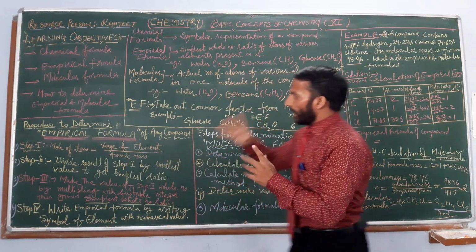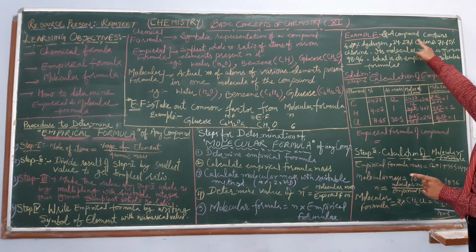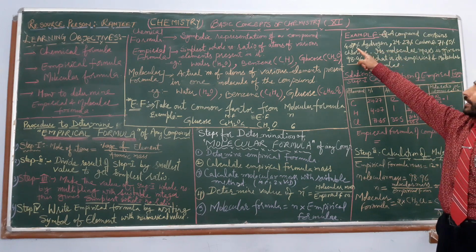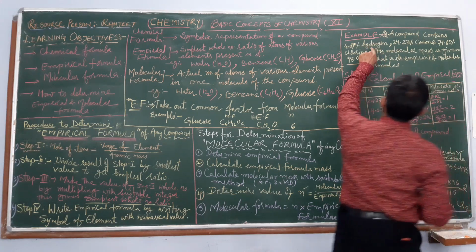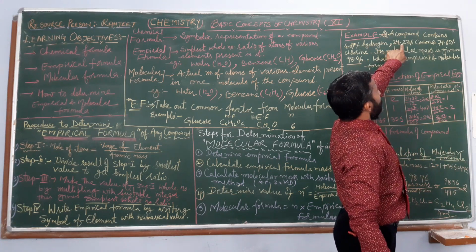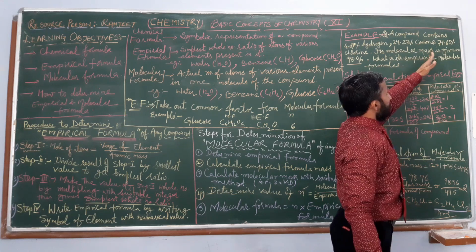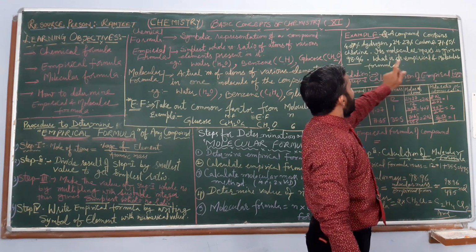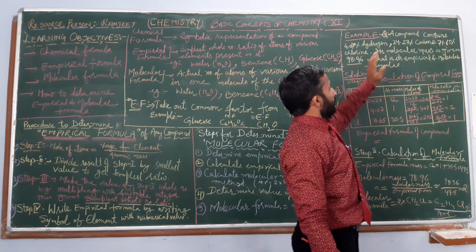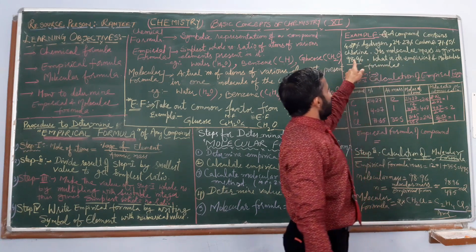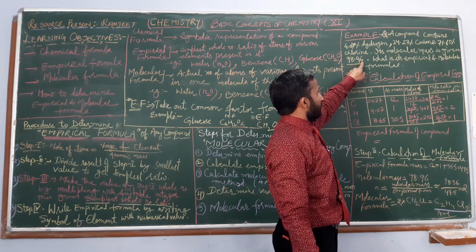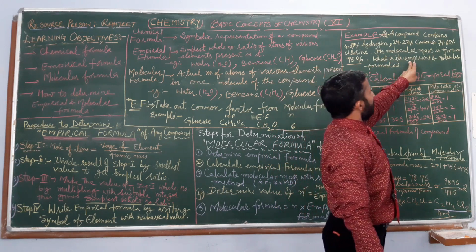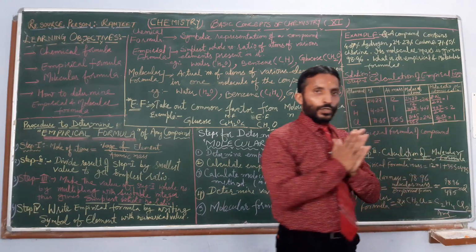Here is the question: a compound contains 4.07% of hydrogen, 24.27% of carbon and 71.65% of chlorine. Its molecular mass is given to us as 98.96. What is now its empirical and molecular formula?